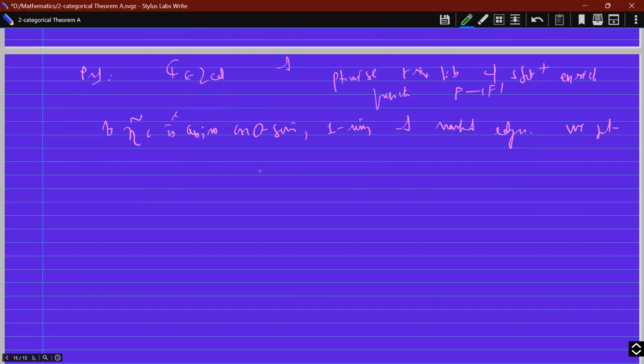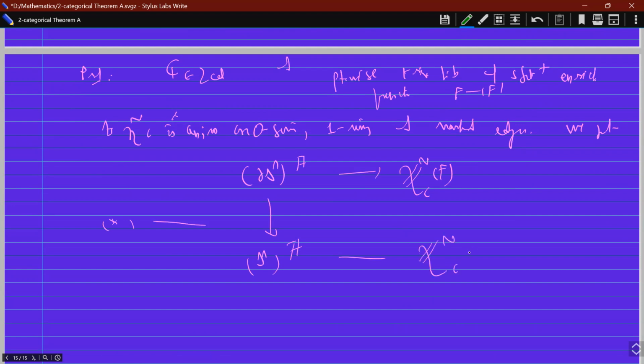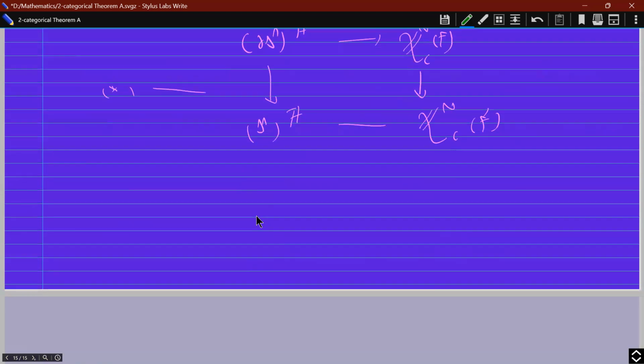Lifting problems look like this. Let me name this a star. F dash. And another one, maybe.